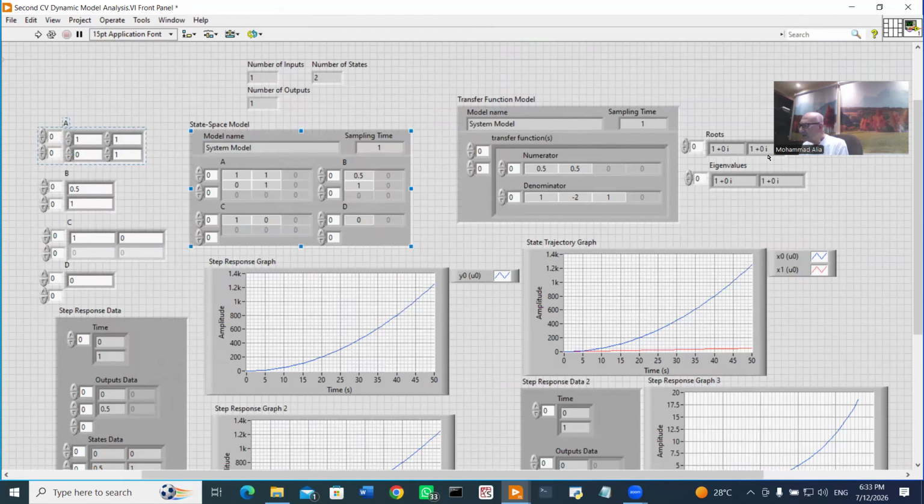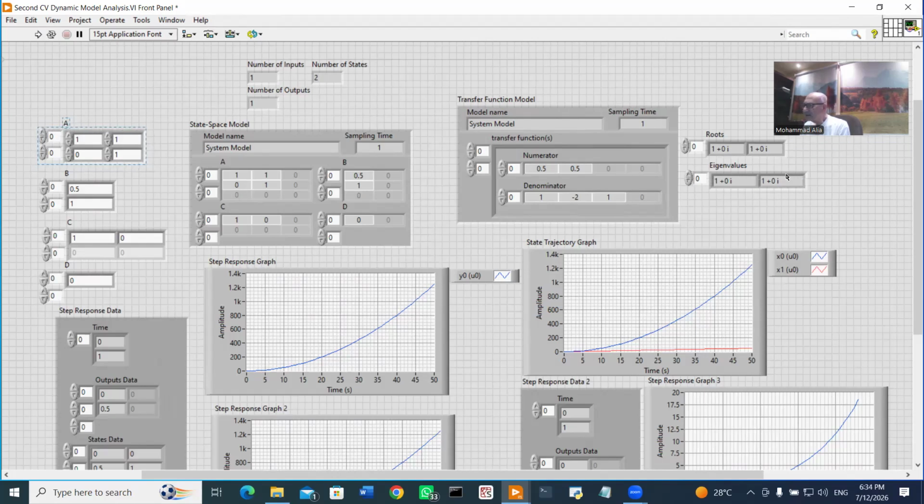Here it is: eigenvalues 1 plus 0i, 1 plus 0i, which is 1 and 1. Of course, you can judge them by eye, but I am trying to show you how they are calculated. The state space model, as you see here, is given as a cluster. This is the A matrix, exactly with the same elements. This is the B matrix, this is the C, and this is the D matrix.